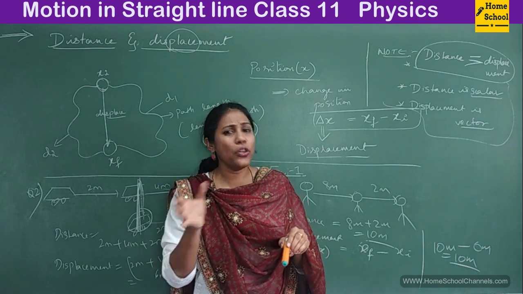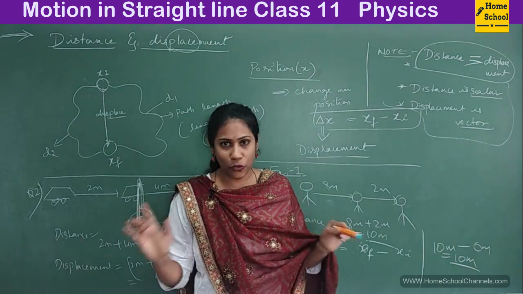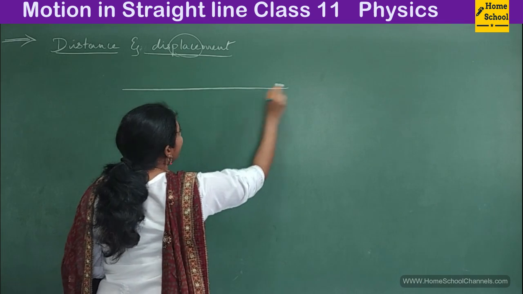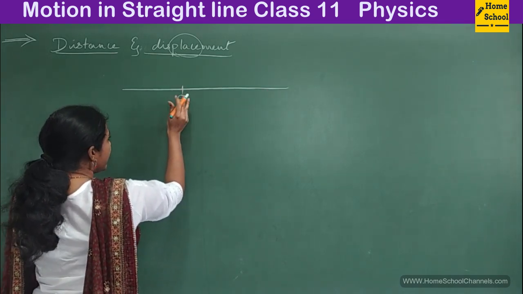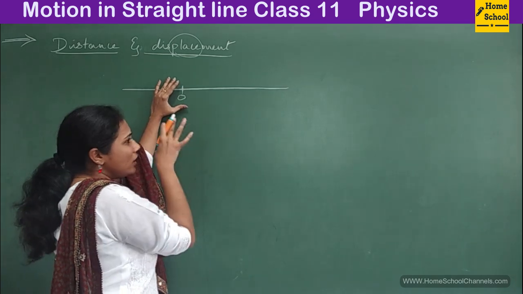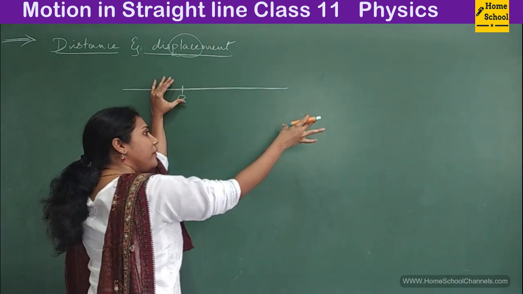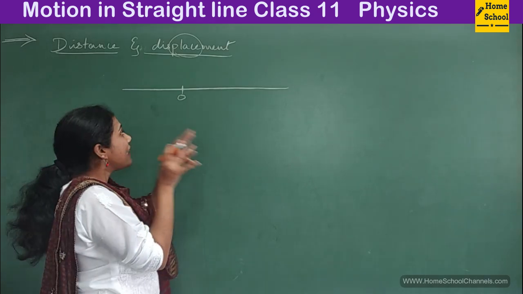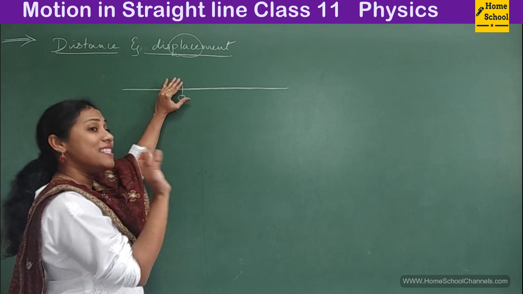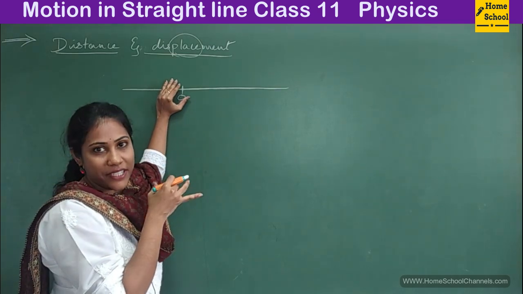Just try to understand this example that I'm showing on the board. You see guys, I have an x-axis where this is 0. This is the point of reference. Any object, when it is moving, should start from a particular point, so that point we will call the point of reference.